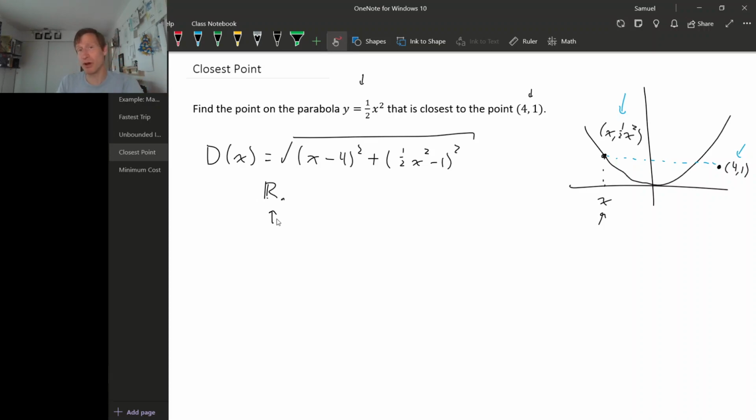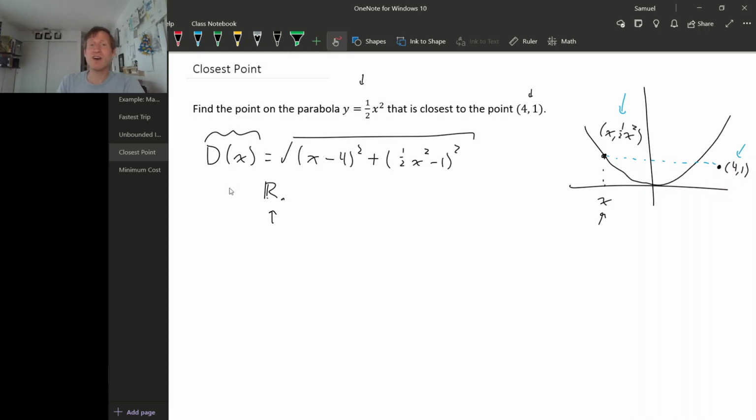Well, this would work. We could solve the problem this way, but there's actually a nice trick. This is something to keep in mind. When you're solving an optimization problem, you don't have to always find the minimum or maximum for the value you want. You could find the minimum or maximum of some closely related value.